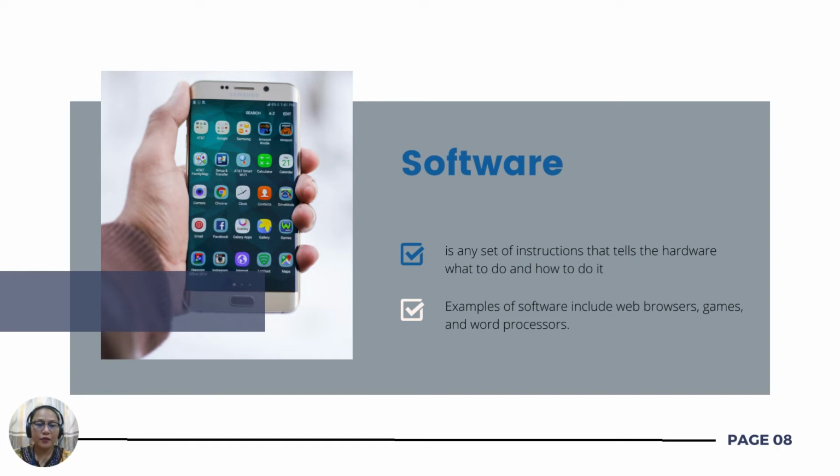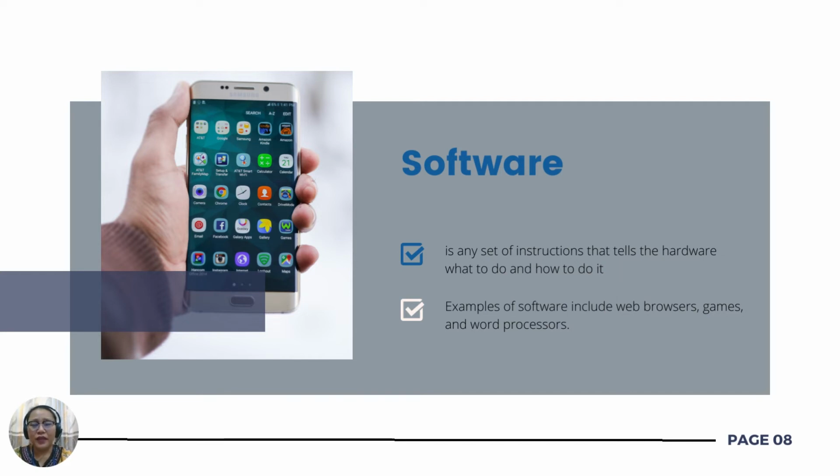Games, computer games, word processors like Microsoft Word, Microsoft PowerPoint, your Facebook, your TikTok, your Instagram, your Messenger. Those are examples of software. And these are the intangible parts of your computer. And when I say intangible, these are the parts that you cannot touch.